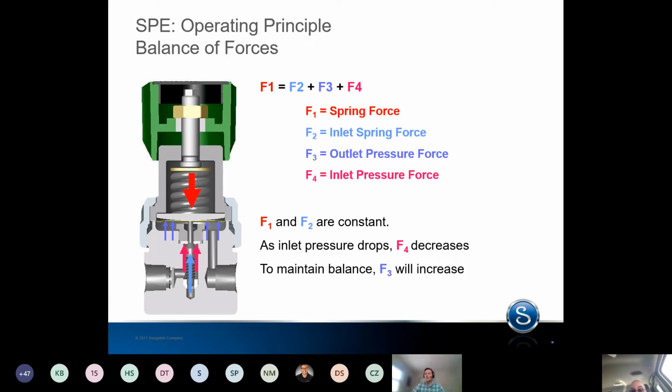Remember, F4 is the force created when the inlet pressure acts on the poppet. So as F4 decreases, F3 must increase by some amount in order to maintain that balance.